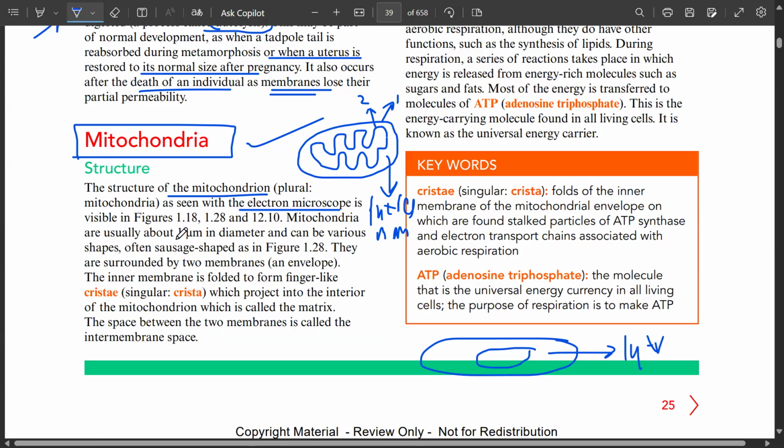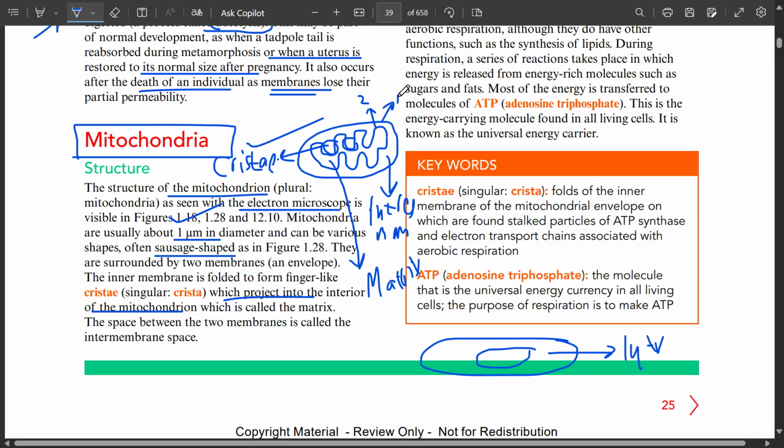Their size is 1 micrometer in diameter, important for MCQs. They can be in various shapes: sausage shape, round shape, folded shape, and they project into the interior of the mitochondria. These folded membranes are known as cristae. The inner cytoplasm space of the mitochondria is known as the matrix.